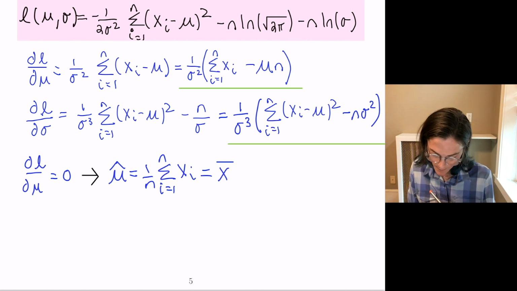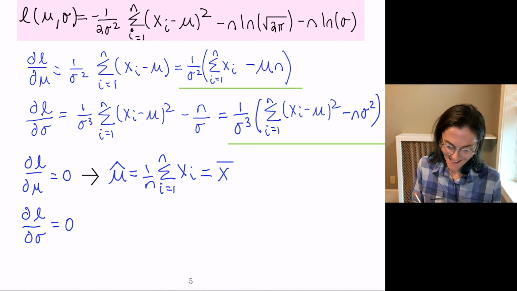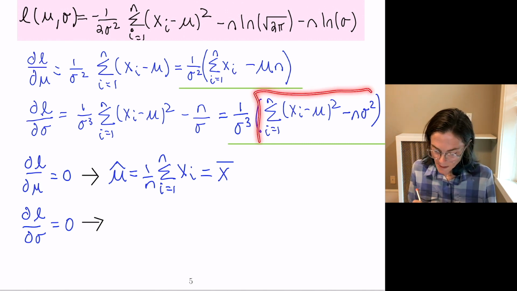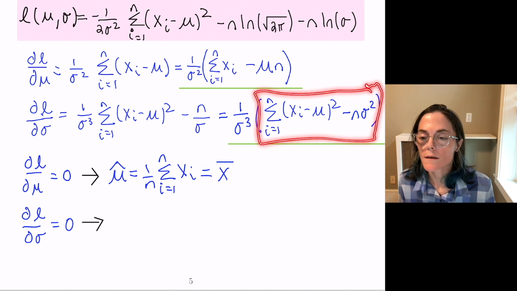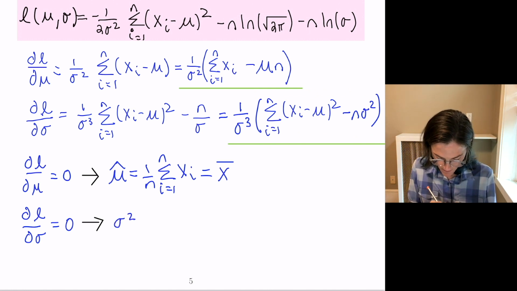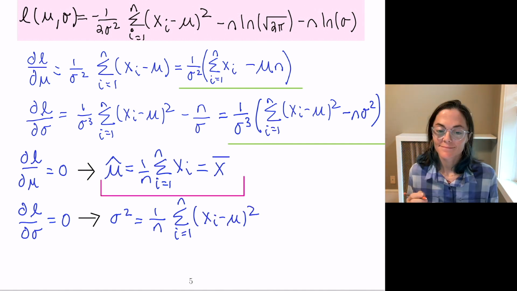Now, take the partial derivative of L with respect to sigma, set this equal to 0. And what do we get? Well, this part must be 0, so we get that sigma squared is 1 over n times the sum i equals 1 to n of xi minus mu squared.